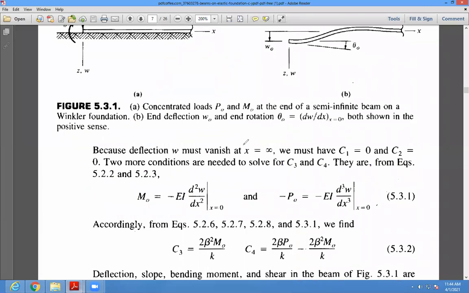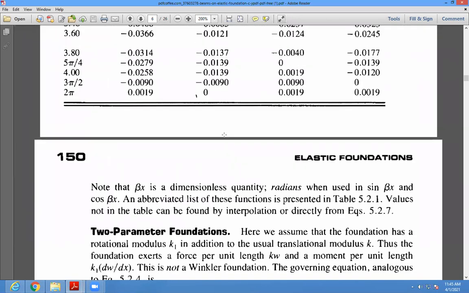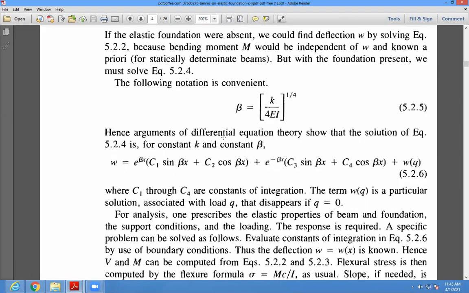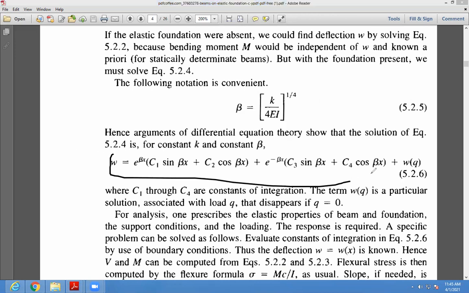In that equation, we have e raised to beta x times C1 sine beta x plus C2 cos beta x, plus e raised to minus beta x times C3 sine beta x plus C4 cos beta x.